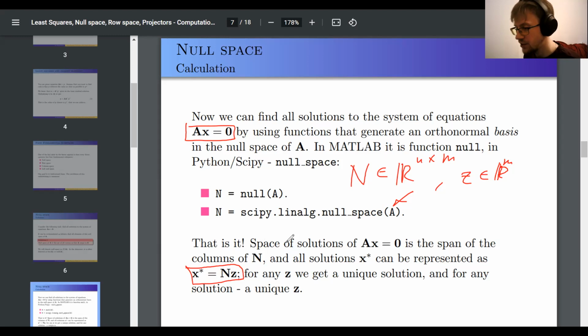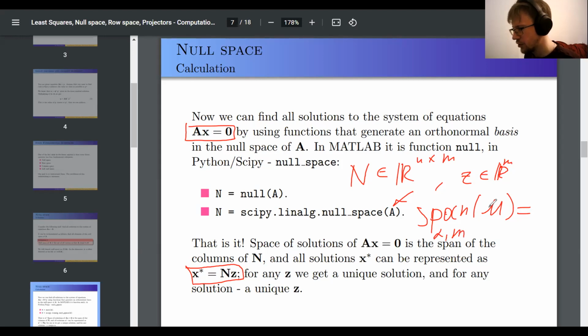And what is interesting for any solution is the span. The span of a matrix M is the space given by all possible linear combinations of its columns.